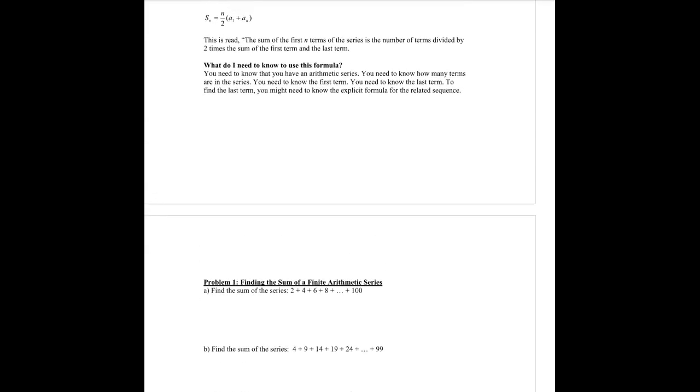So the first problem says we need to find the sum of the series, and it gives me 2 plus 4 plus 6 plus 8 all the way to 100. Hopefully we see that I would have an arithmetic sequence if all I had was commas, and we would know that our explicit formula is A sub n is equal to 2n.